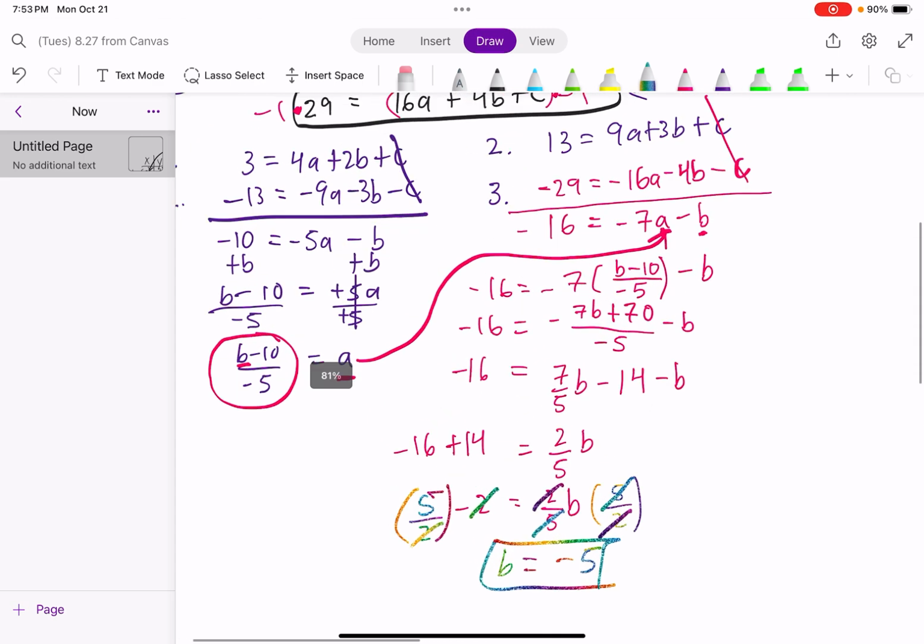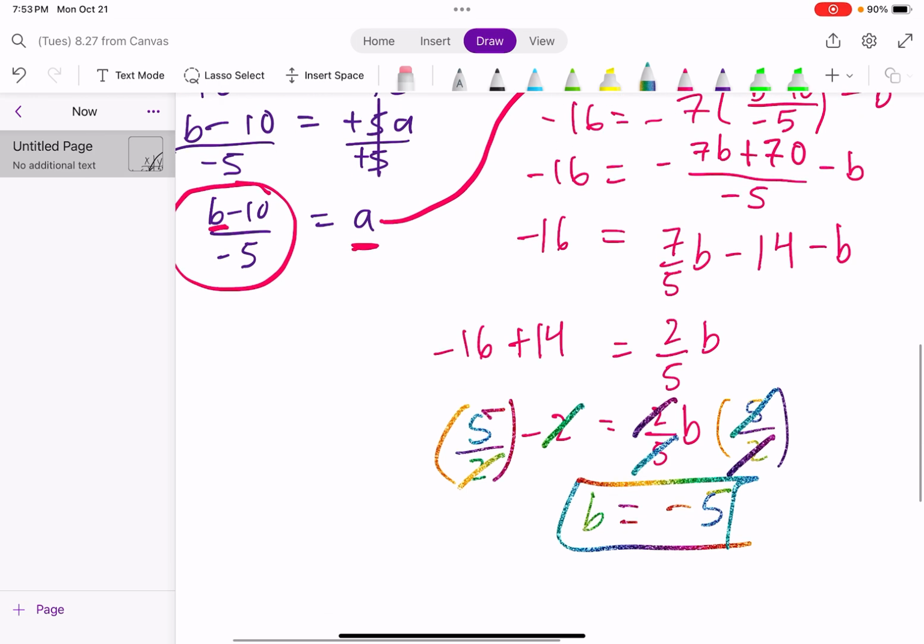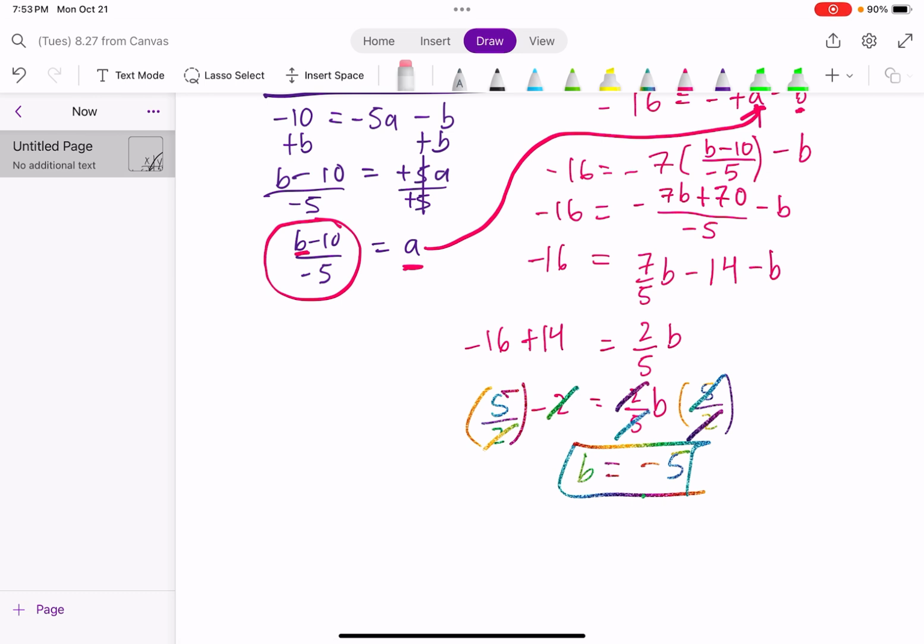Now, a really easy thing to do now that we know b, we could get the a value. So we know that b is negative 5. So we're going to put negative 5 in for b, right? Minus 10 over negative 5 is your a value, this a value right here.